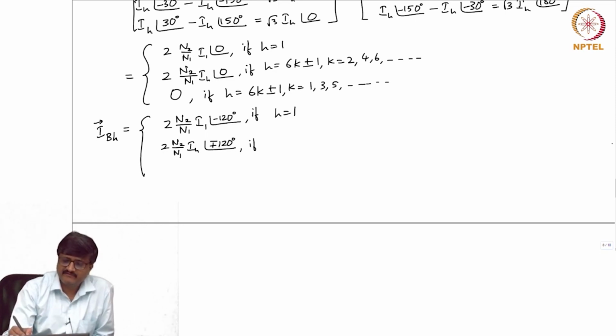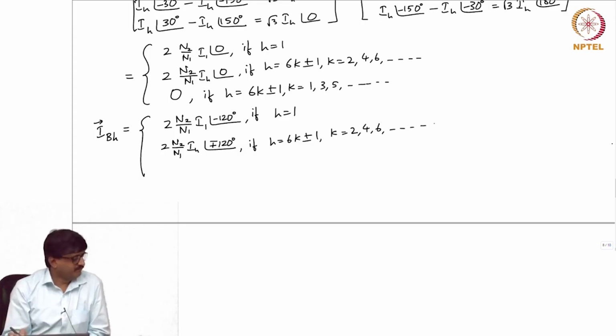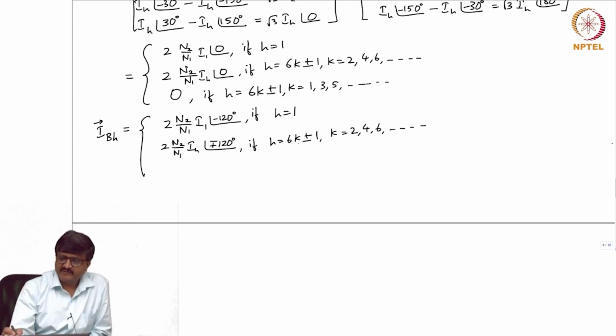So, if H is equal to 6k plus minus 1 and k is equal to 2, 4, 6: this minus 120 comes when you take H equal to 6k plus 1, and plus 120 will come if you take H equal to 6k minus 1. That is something which you have to verify.